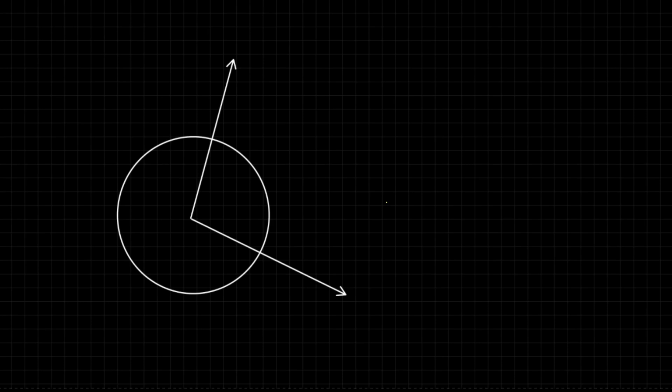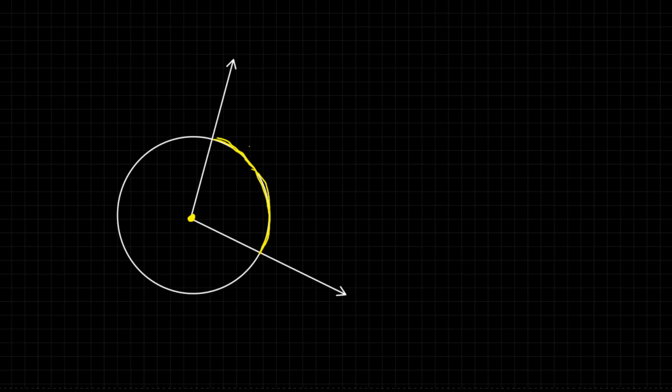Let's do another example. I have here a circle and an angle drawn, and the angle's vertex is at the center of the circle. Now remember, we call this arc the arc that is subtended by this angle.